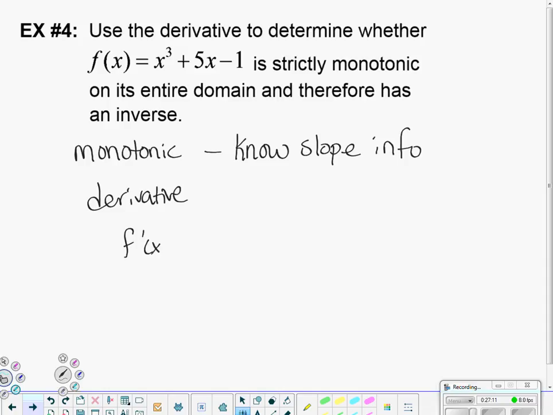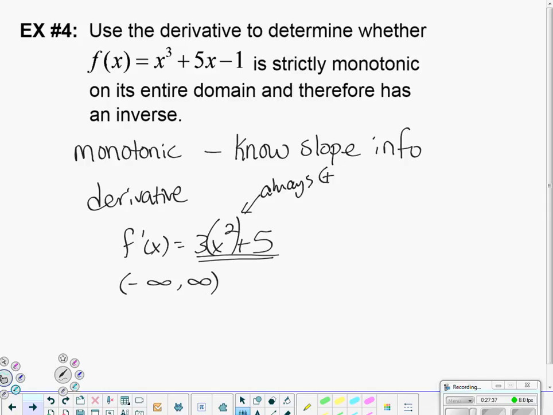So f prime of x would be 3x squared plus 5. And you're probably thinking, well, that doesn't really help me a lot. If I had a domain of negative infinity to positive infinity for my x value, would this be positive? Well, certainly this term is always positive, right? Square something and we get positive. And then we're adding 5, adding a positive. So a positive plus more positives gives us always positive.